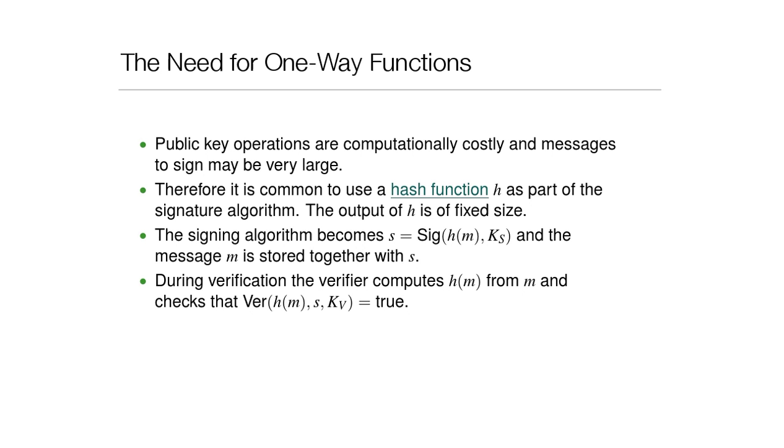The idea of the hash function is, it's a function that once an input is given, it outputs a value of fixed size that is going to be smaller than a 1,000-page PDF file. It's a one-way function.